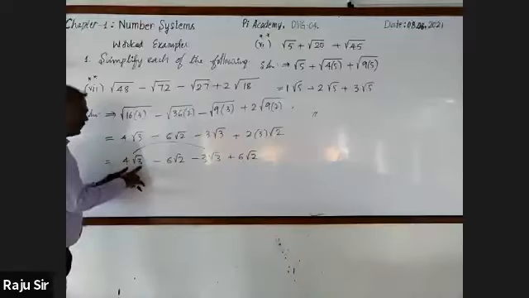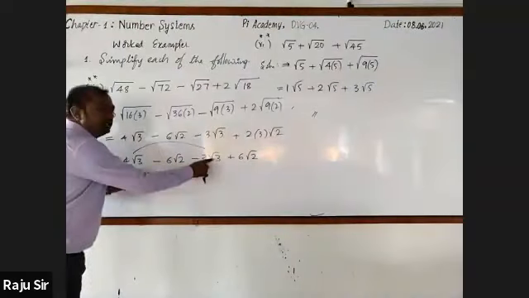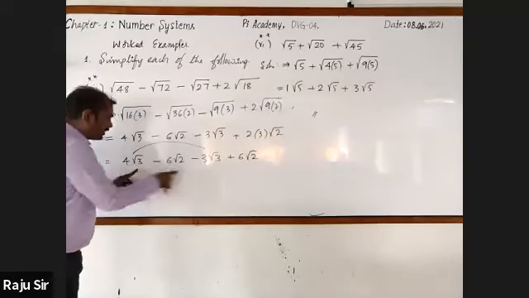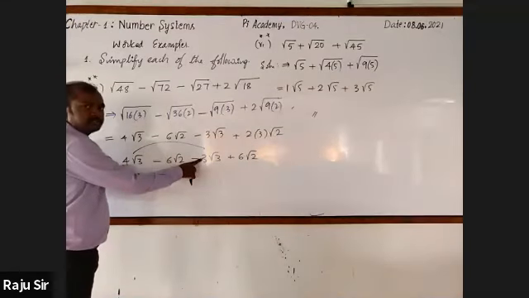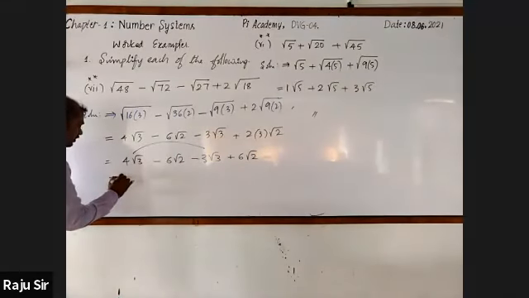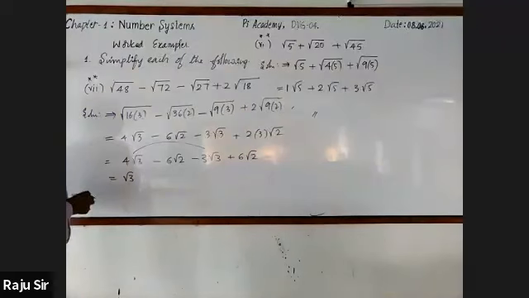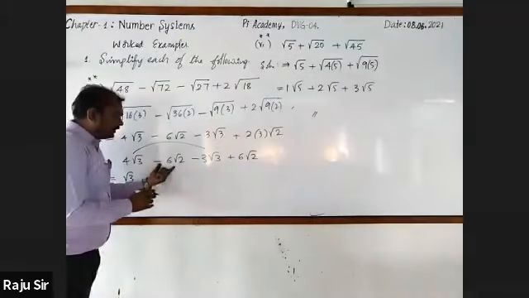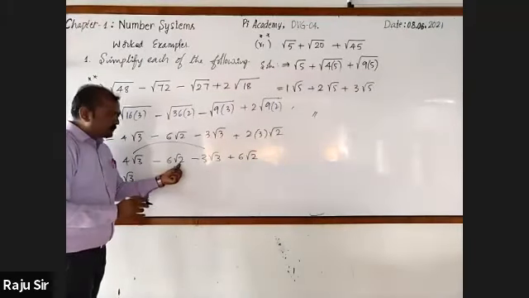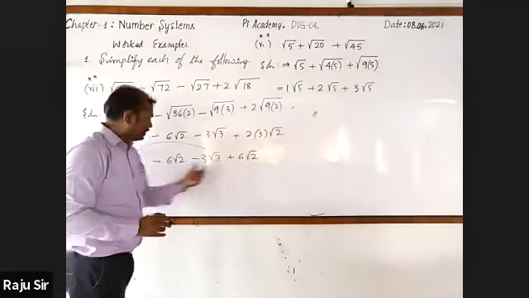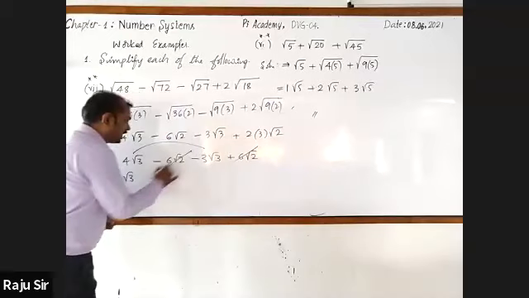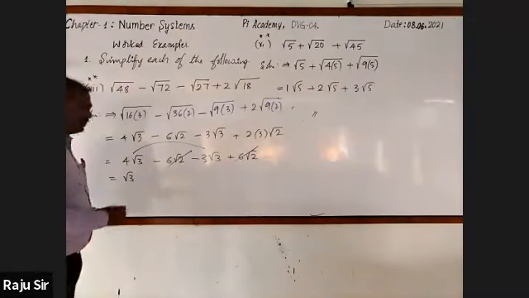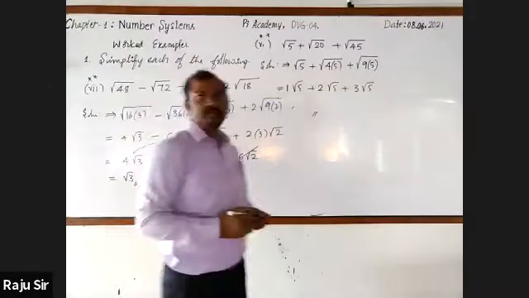Now I'll take like terms. 4 times root 3 minus 3 times root 3. These two are like terms. So the coefficients here are 4 and minus 3. 4 minus 3 is 1. 1 into root 3. Then minus 6 root 2 and here also root 2, this is minus 6 and this is plus 6. They get cancelled. Plus 0. Then the final answer will be root 3.